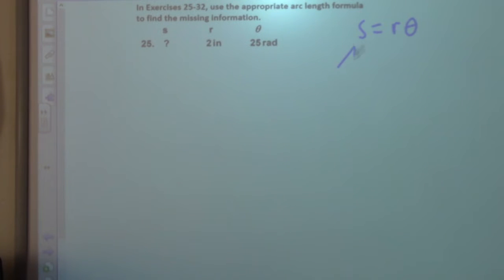To refresh your memory, S stands for your arc length, R is going to be your radius, and theta is going to be your angle. And theta is going to be in radians.